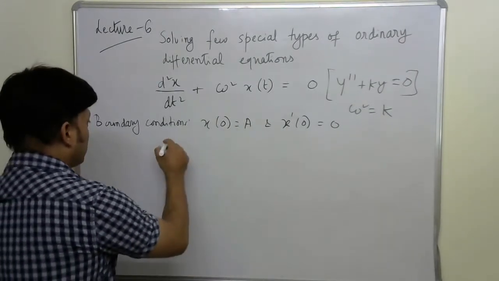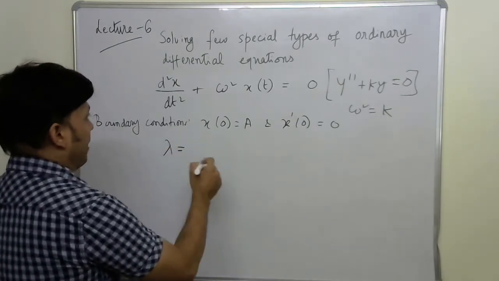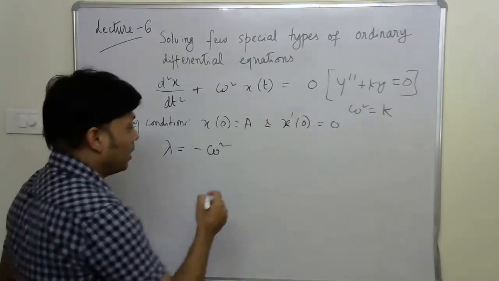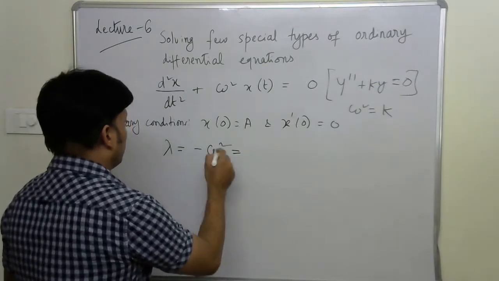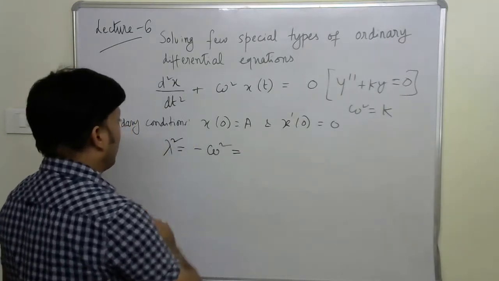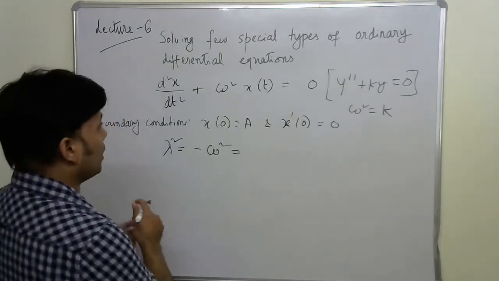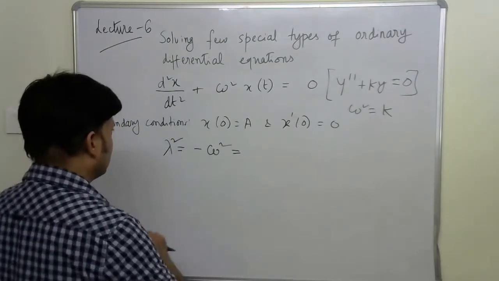So we can frame the auxiliary equation in terms of lambda, and we can solve that lambda square is equal to minus omega square.